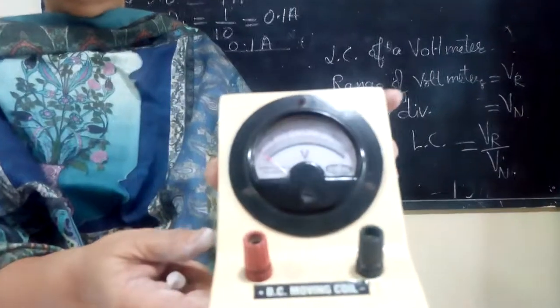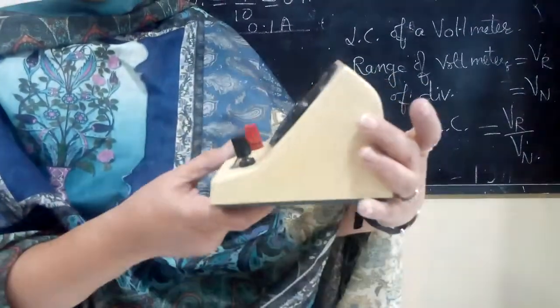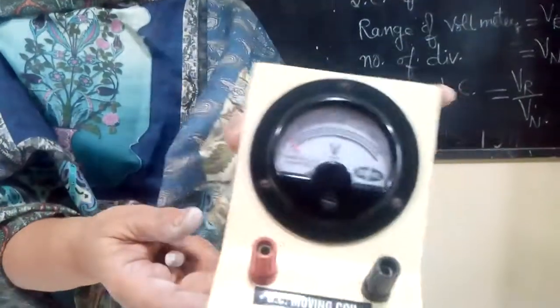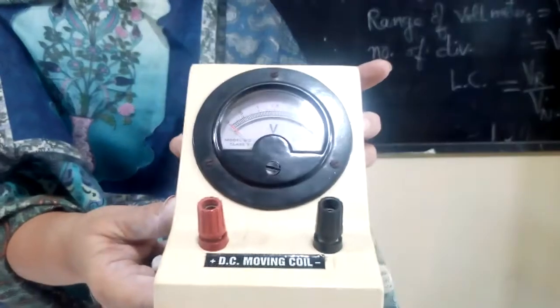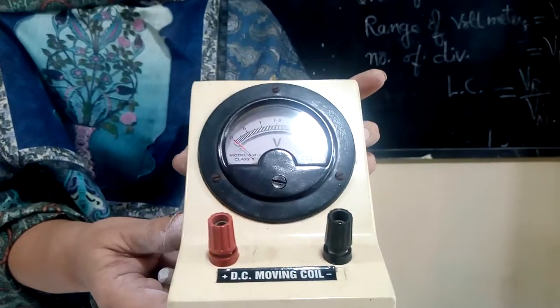Now you see this voltmeter, its range is 3 volts, okay? But 10 small divisions is equal to 0.5 volts.